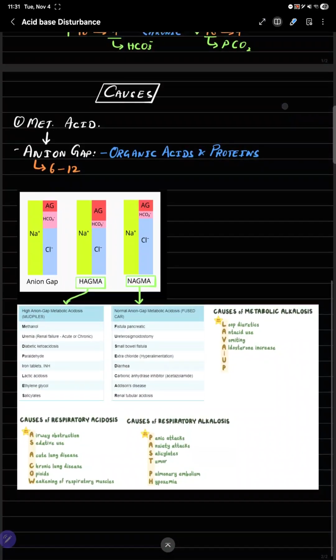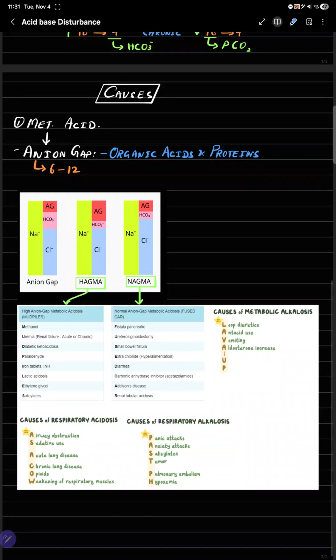Next, we'll move on to the causes of metabolic and respiratory acidosis and alkalosis. In metabolic acidosis, the causes are split into two categories on the basis of anion gap. The anion gap is the measure of the difference in cations and anions.